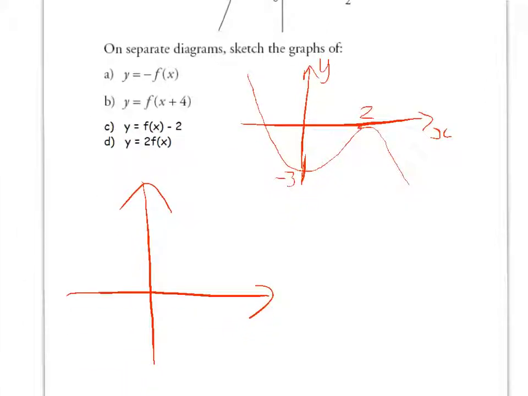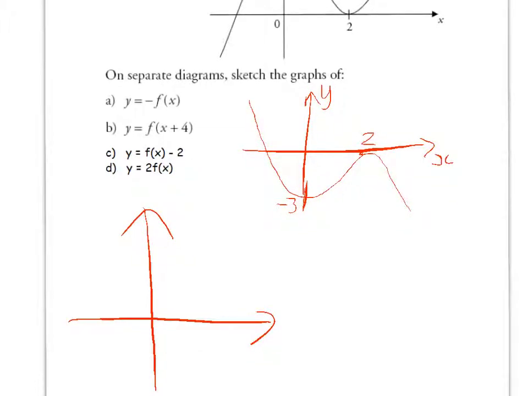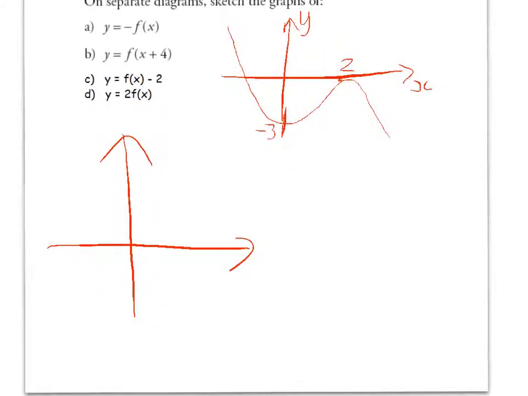The only one we know is this 2 is now moving 4 places to the left. So, instead of the bottom point being at 2, it's going to be at minus 2 because 2 take away 4 is minus 2. So, this is going to be at minus 2 and it's going to look something like that. So, we just need to label y and x and it's a quick sketch.